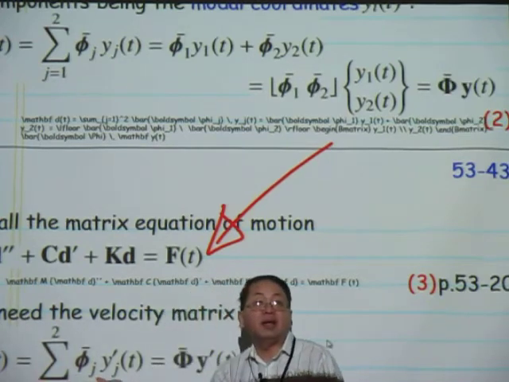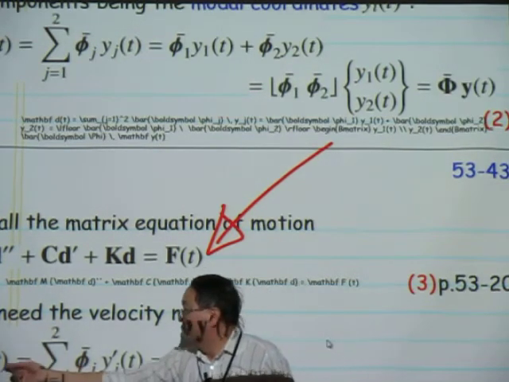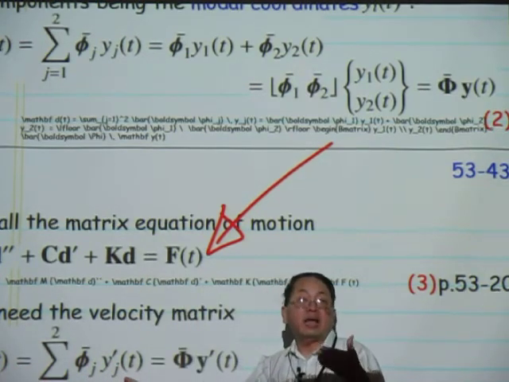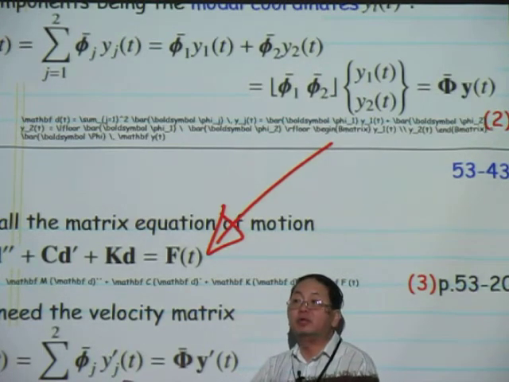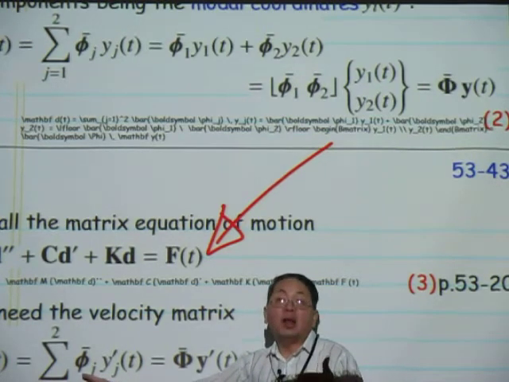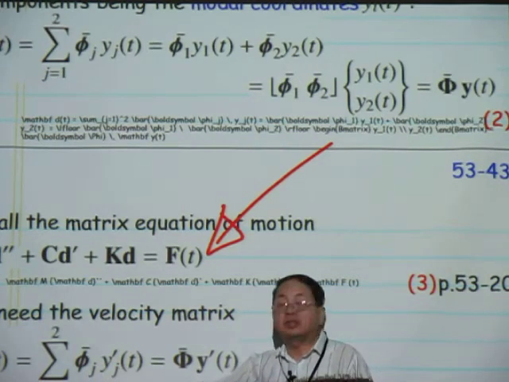That's just by taking the derivative with respect to time. The matrix of the velocity is just the time derivative of the right-hand side, and you see that only the modal coordinate y sub j is time dependent, whereas the normalized eigenvectors are constant.